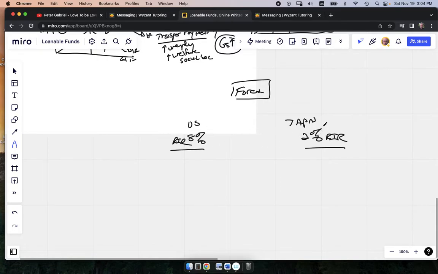Your answer should be, the Japanese are going to dump their yen into the Forex because they want that 8% that's being paid in U.S. banks. So they drop their yen into the Forex, and they're going to buy U.S. dollars in the foreign exchange market because they want to put those dollars into our U.S. banks to get that high real interest rate.